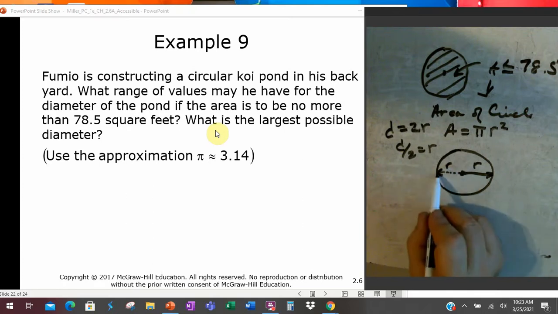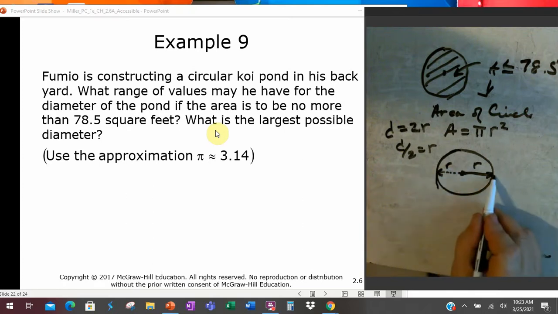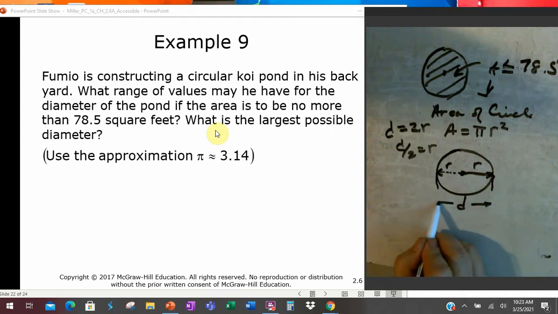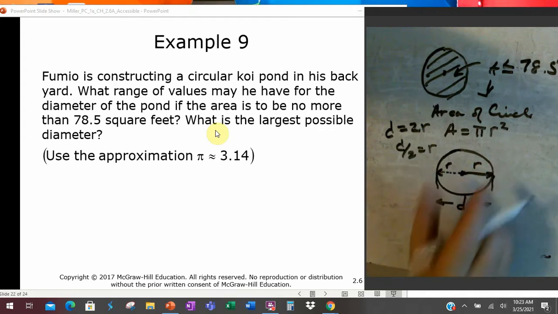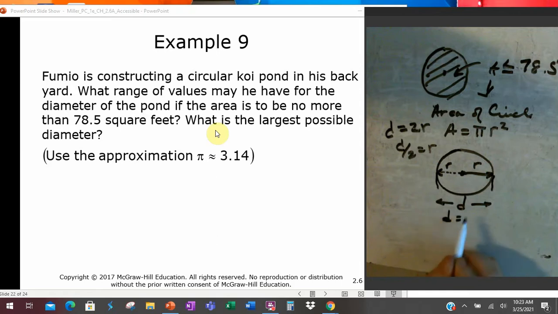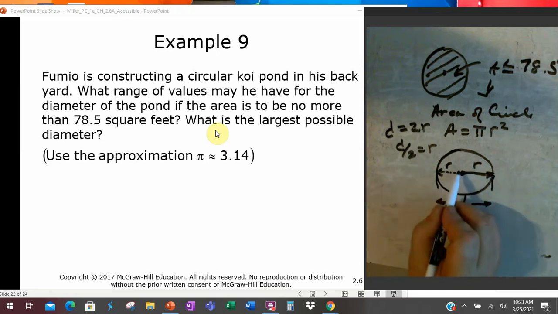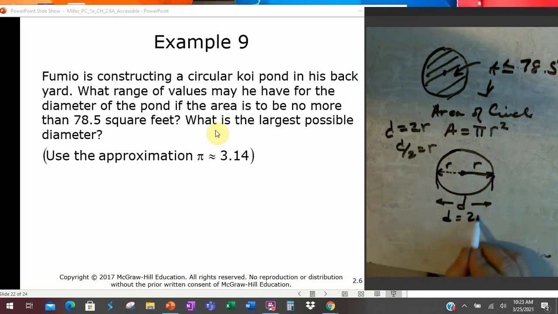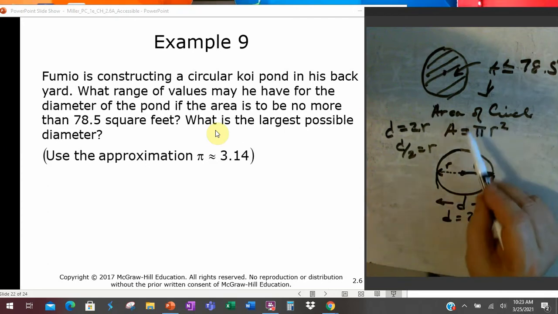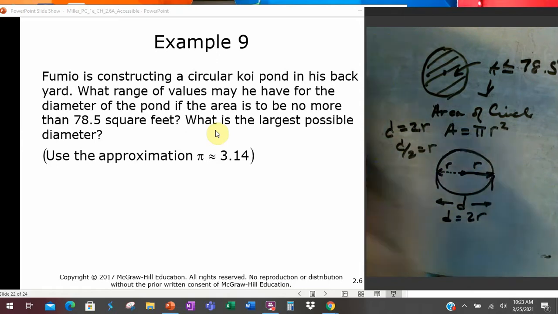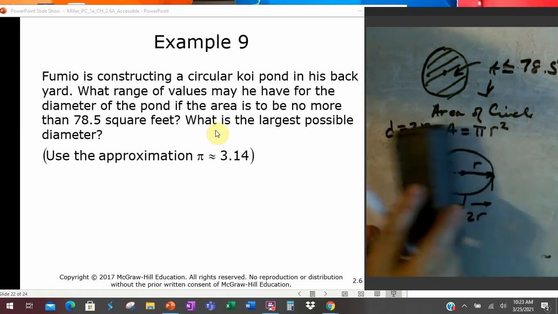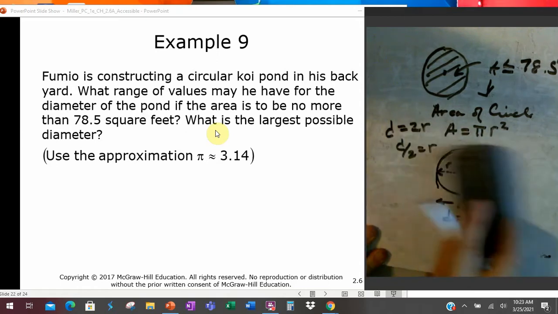The diameter is the distance from the outside to the outside. So that's the radius from the center to the outside, plus the radius here, that's 2r. So let's go ahead and use this version and then back off from the r to get what my diameter is.